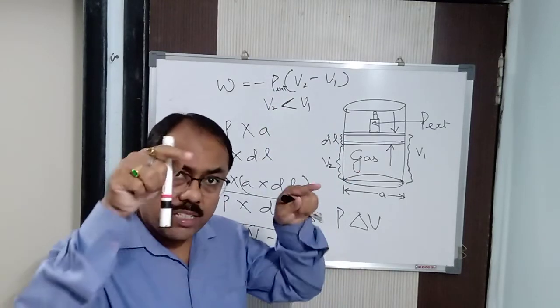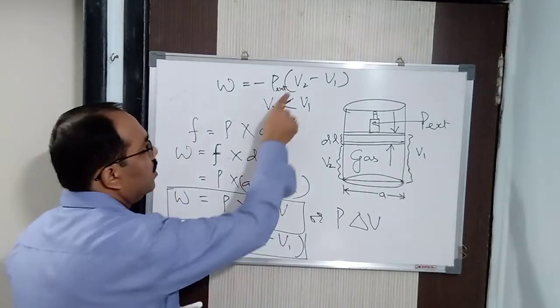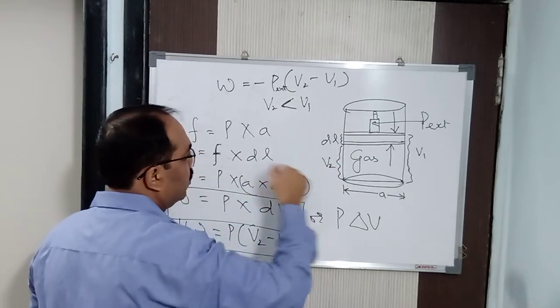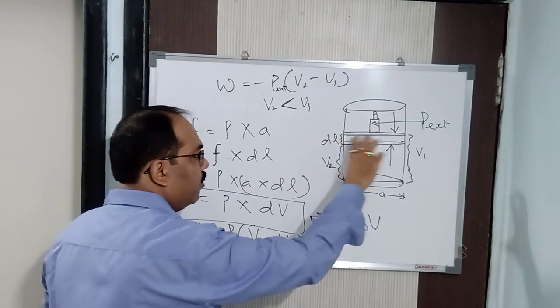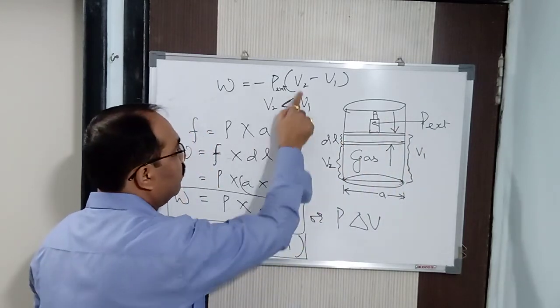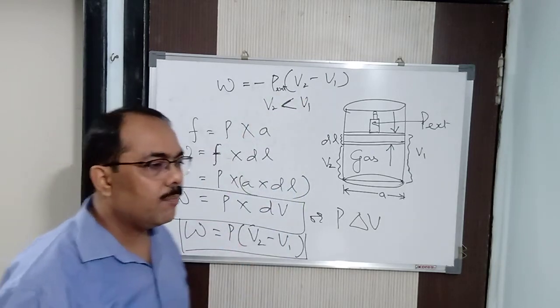That is what I am explaining. When the work is done upon the system, V2 is less than V1. This is the final volume and this is the initial volume, since the gas is compressed. So V2 minus V1 is negative, and negative from negative is positive. Hence the work done upon the system is positive.